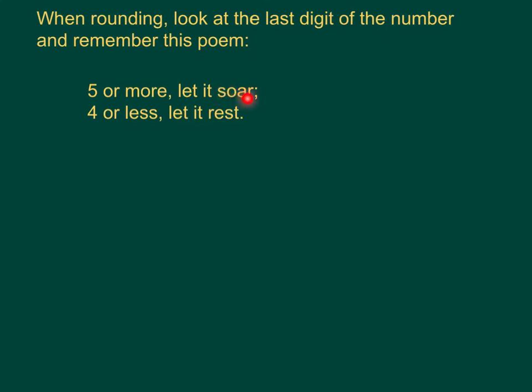And you know, what all do you know that soars? Can an eagle soar up higher in the sky? Can a jet plane soar up in the air? So let's consider our numbers. Let's take the number 63 again. Look at the last digit, that would be the number 3.